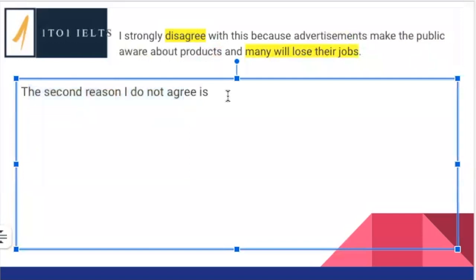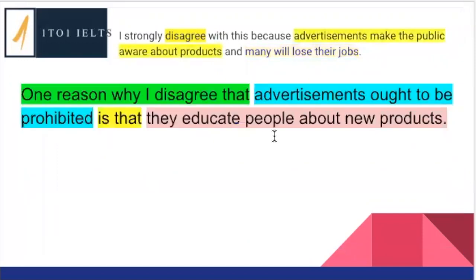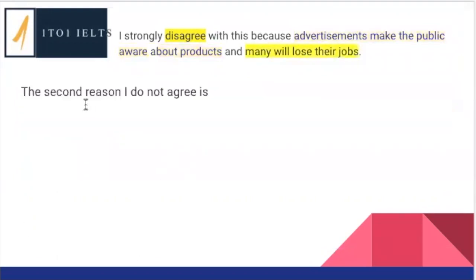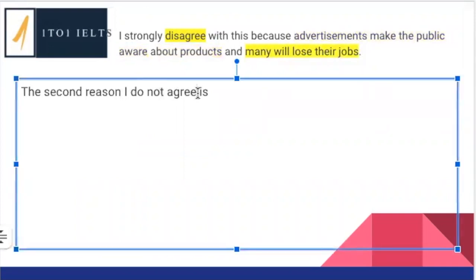In our second one, is it that important to repeat what we're agreeing or disagreeing with? So this part, I think we can omit. The blue part in the second one, I think it gets a little bit repetitive putting it in. So the second reason I do not agree, we know what we're not agreeing with. The reason that we don't mind now is that we've already mentioned in our previous paragraph, when we said the first reason, what you're agreeing with.